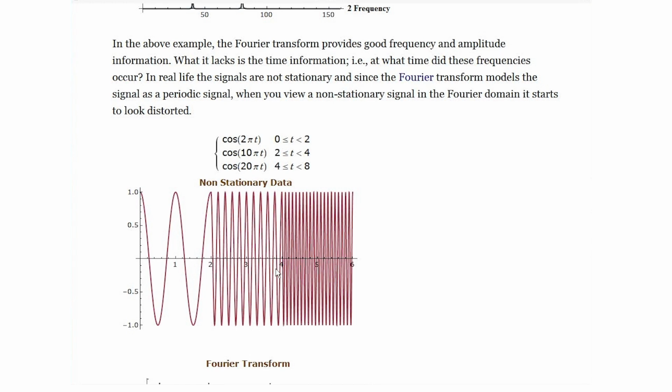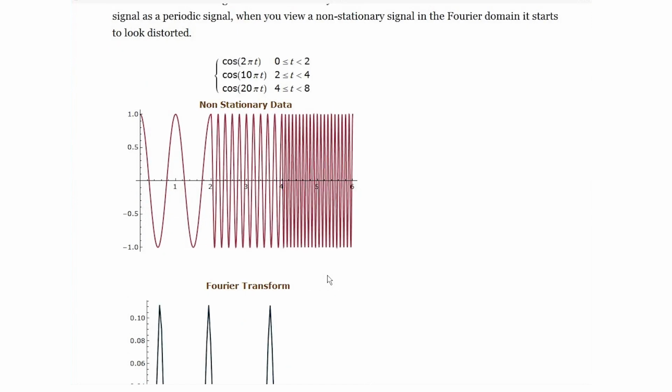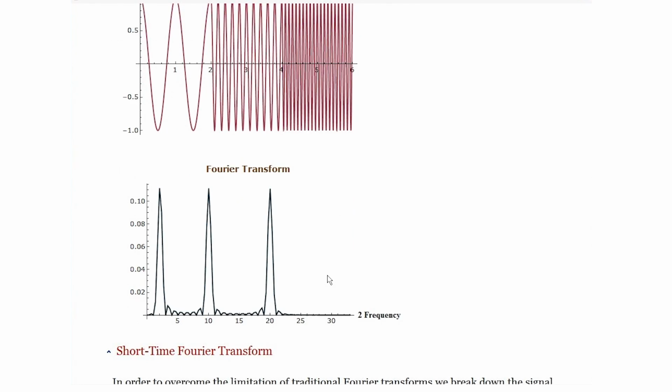From 2 to 4 there is a certain frequency content, and 4 to 6 a different frequency content. When you do a Fourier transform of this signal, you'll notice that you get 3 peaks, which is correct. However, you don't get any information about when these peaks occurred, at what instance in time.